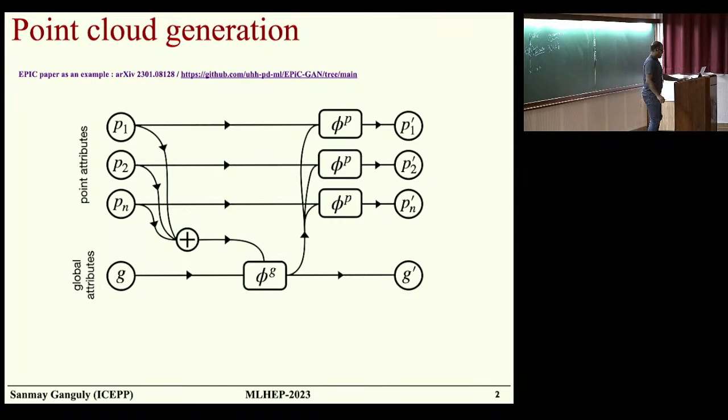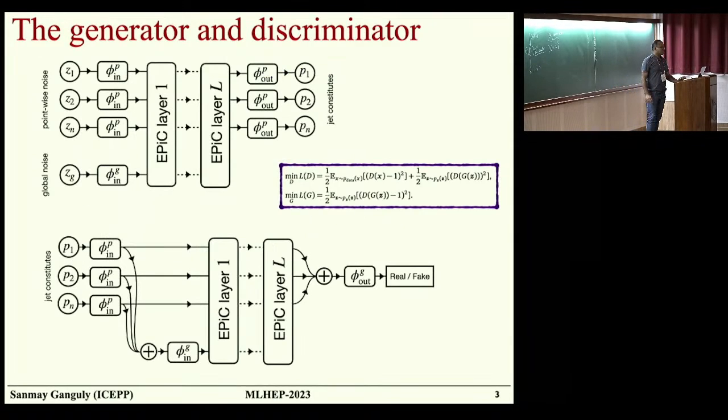Now, they did a generative model. The whole game they played is the same as the discriminator and generator, which we talk about now. They had their own piece of discriminator, they had their own piece of generator. But the point is that this discriminator and generator are built out of these permutation equivariant layers.